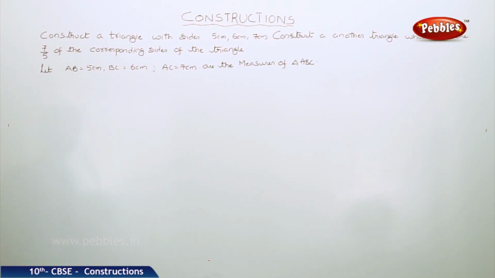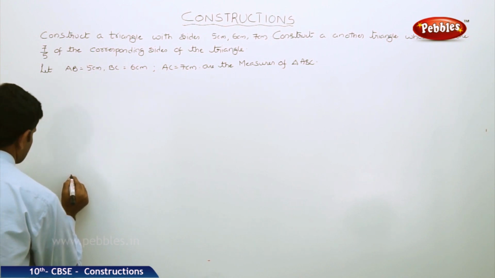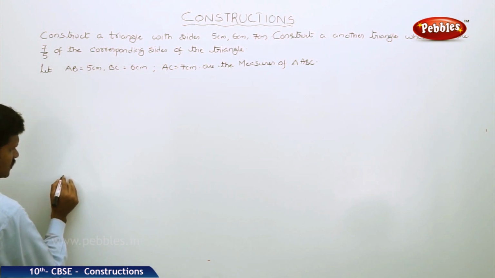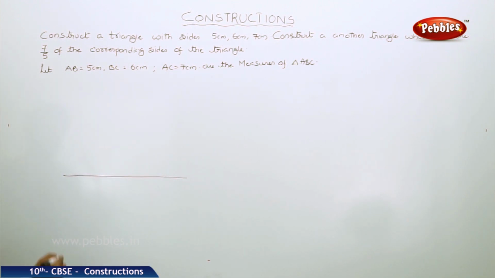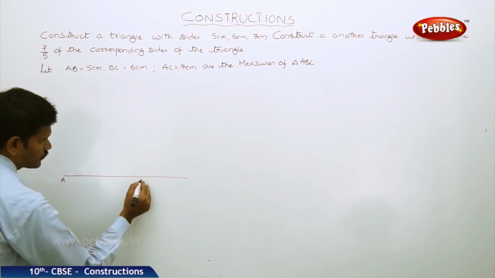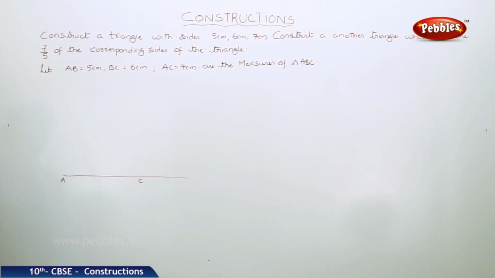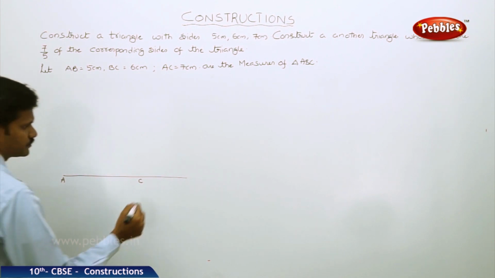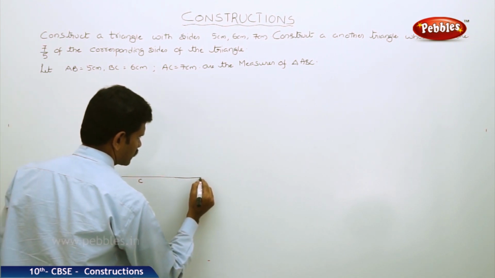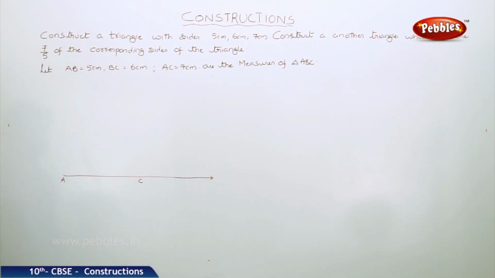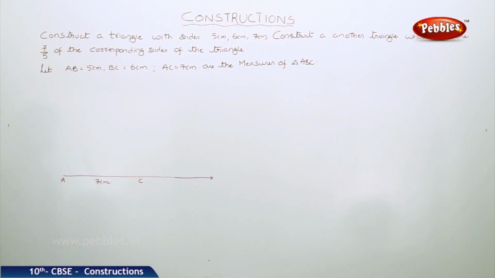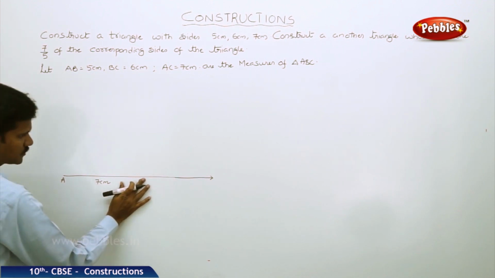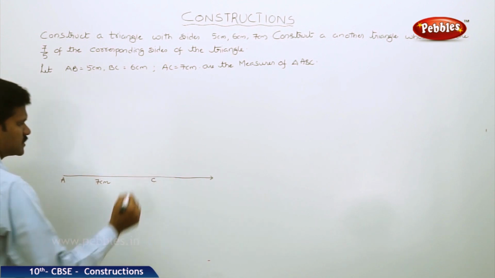Now let us consider the big side as the base, that is AC. Let us consider AC and produce this line. AC is equal to 7 centimeters.